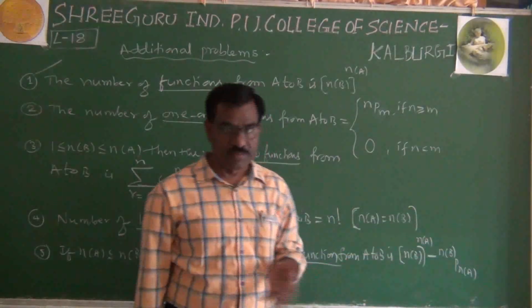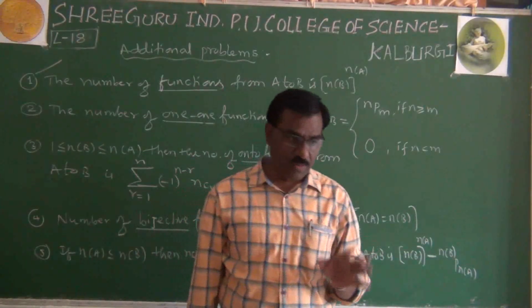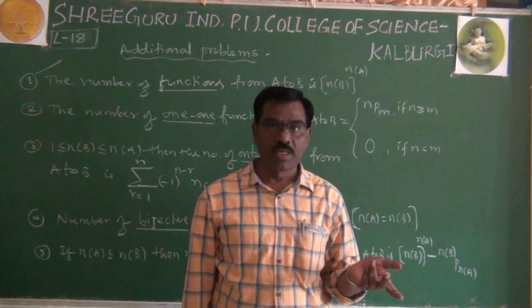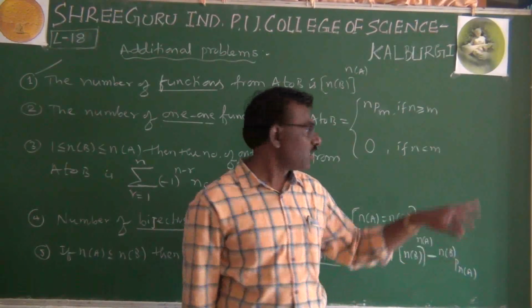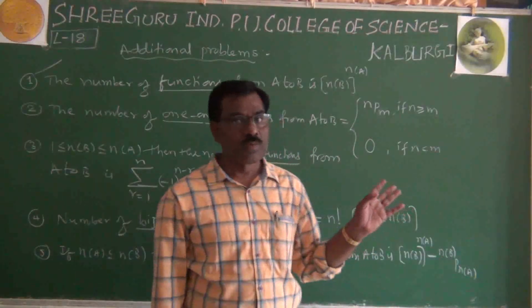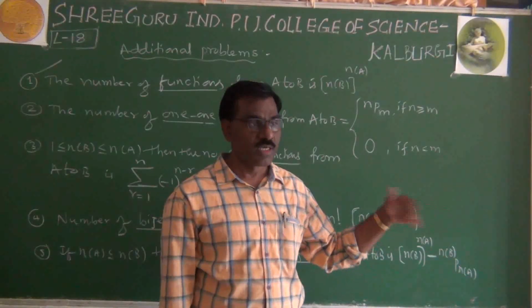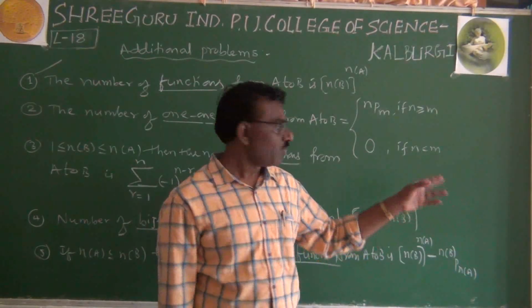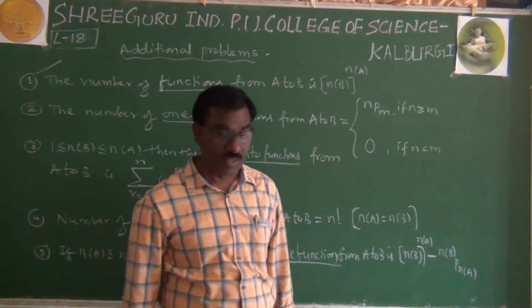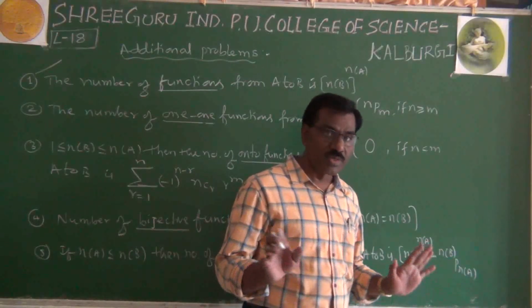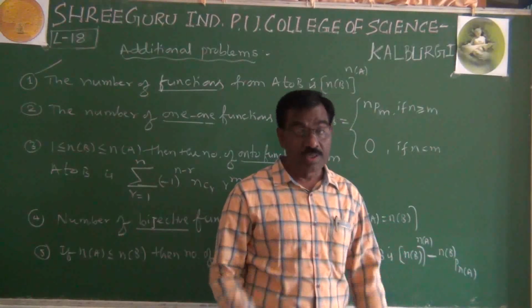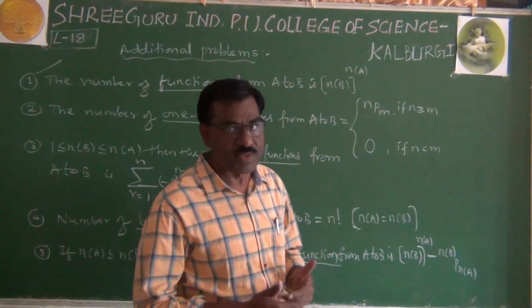Suppose n is less than m, meaning the number of elements of set B is less than the number of elements of set A. Okay, the answer is 0. Repeating, and don't confuse; I request you to practice, writing it once or twice.